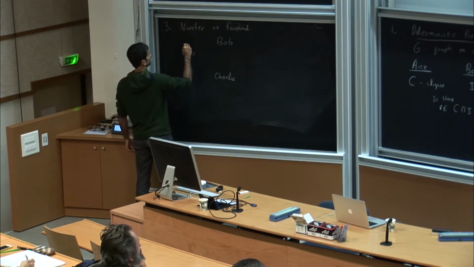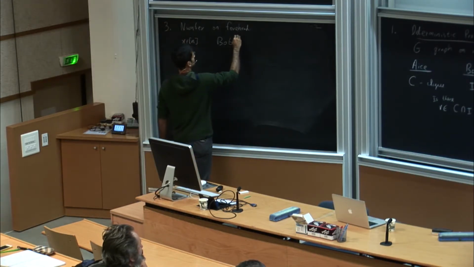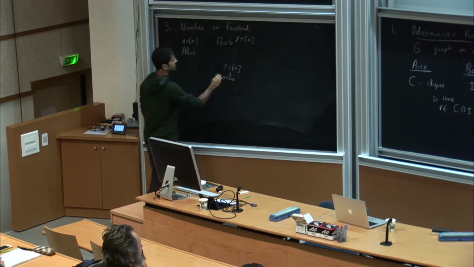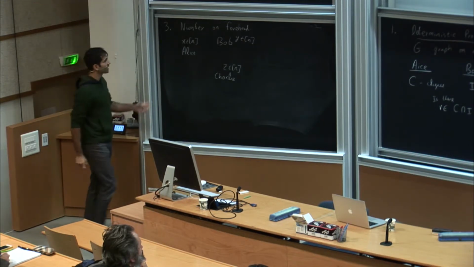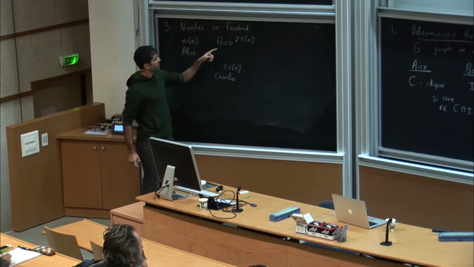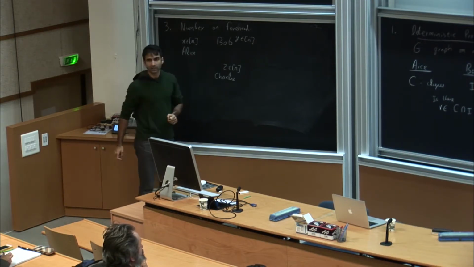So Alice has x from 1 to n, Bob has y from 1 to n, and Charlie has z from 1 to n. But they actually don't know these numbers because these numbers are written on their foreheads. What they know are the numbers that are written on the other players' foreheads. So Alice knows y and z, Bob knows z and x, and Charlie knows x and y.